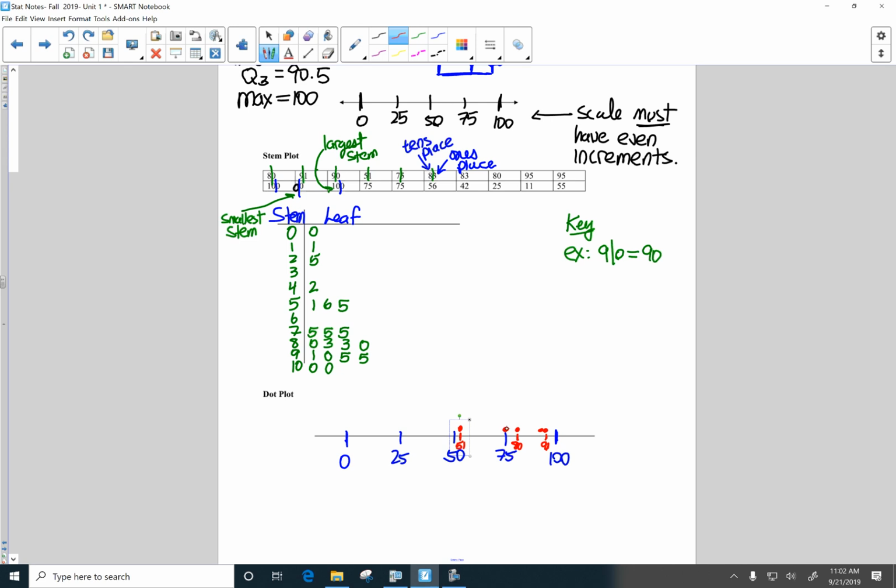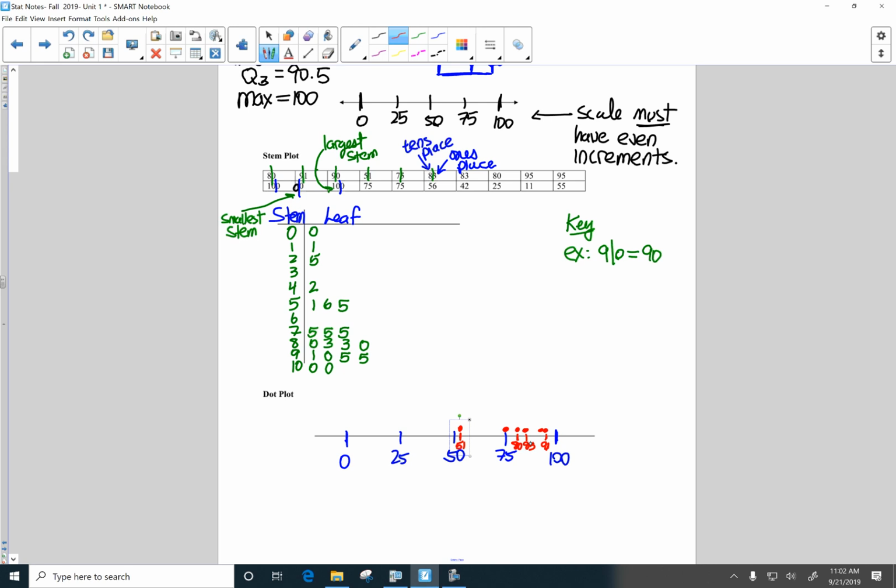83. Now, I'm going to look at my data set in its entirety and just make sure that there isn't a bunch of other 80s that I have to plot in there. It looks like there's only one other unique value in the 80s. So I could just plot this here and know that that's my 83. But if you're really uncomfortable with that, squeeze it in there and just write 83.